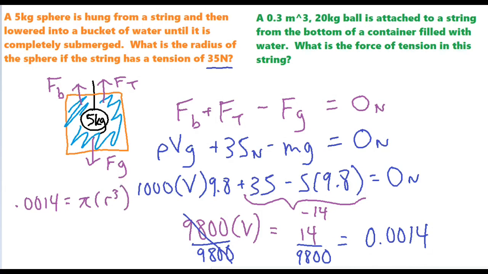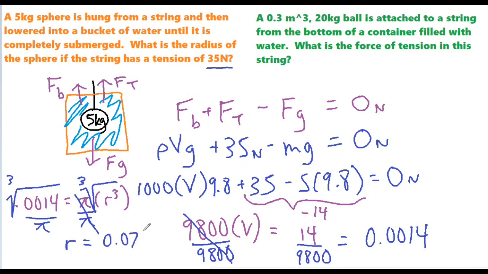And then we do a quick algebra step or two, divide each side by pi, and then we are going to cube root this final value. And then we get a final radius of 0.076 meters.